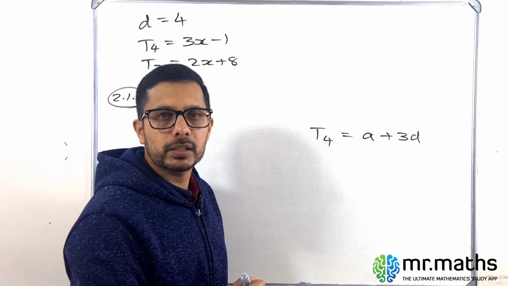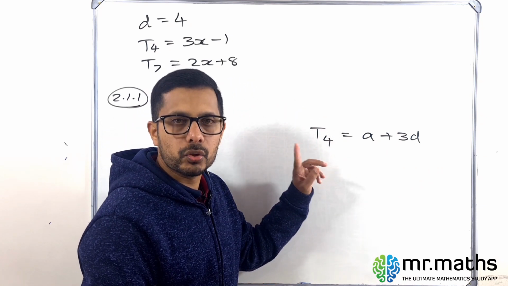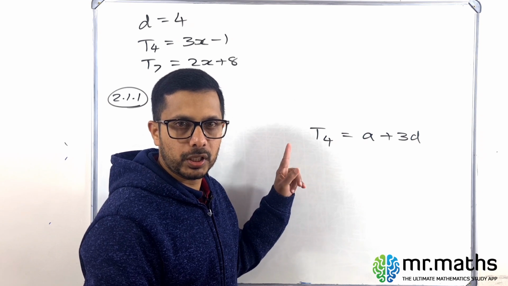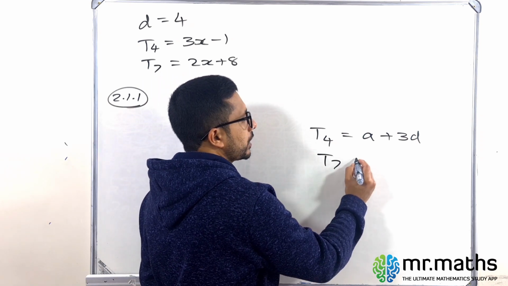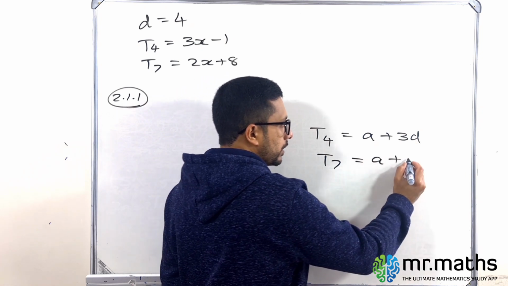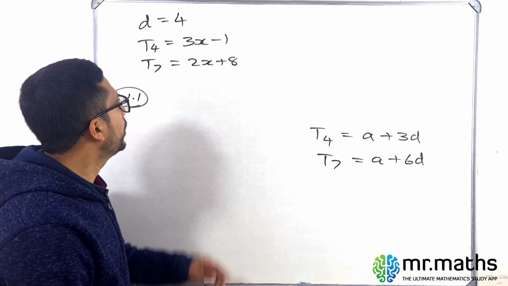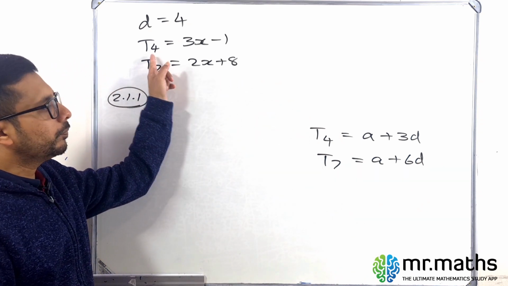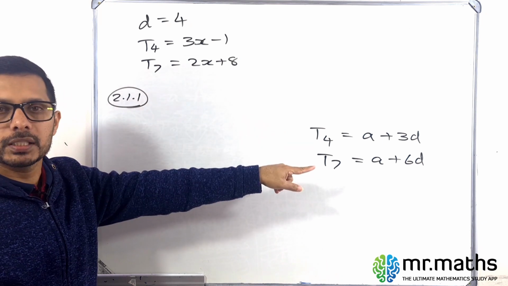So a plus 3d is the fourth term. Don't forget that. The seventh term is a plus 1 less than 7, that is 6d. So the fourth term means a plus 3d, and the seventh term means a plus 6d.